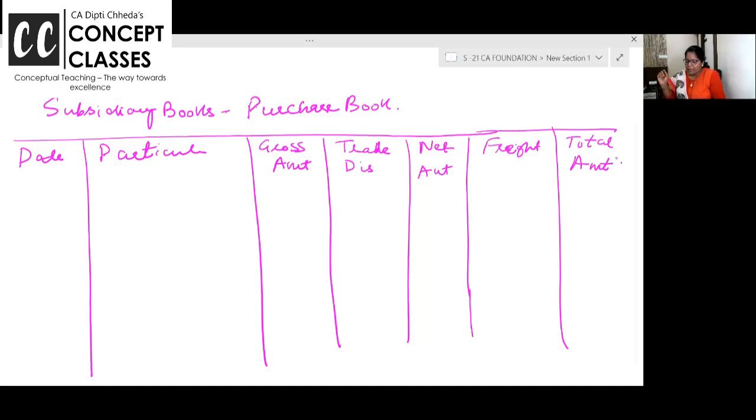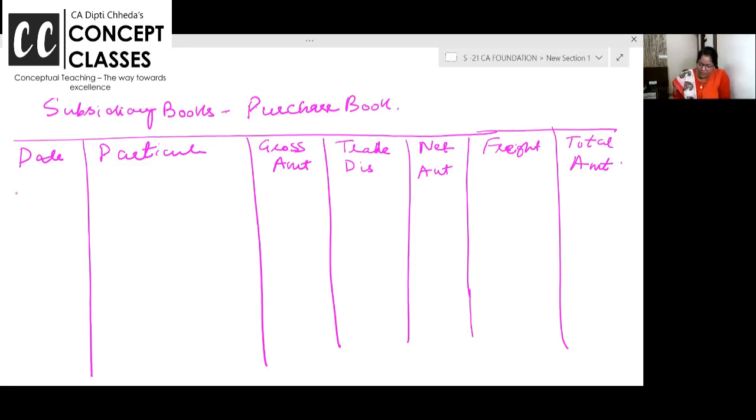Date, particulars, gross amount, rate. See, in some problems in the exam, they may not give you discount and all. So directly amount. With freight, they may give you carriage inward or loading or insurance. So add it, whatever is given.